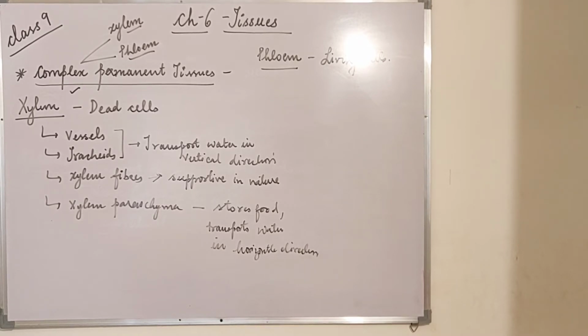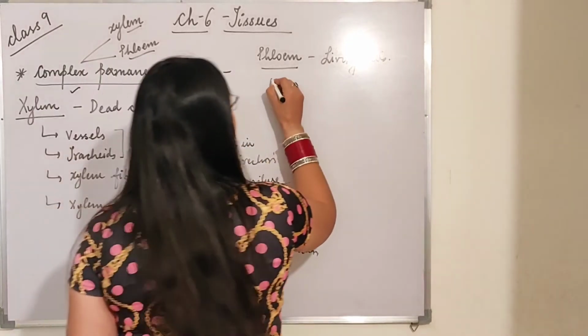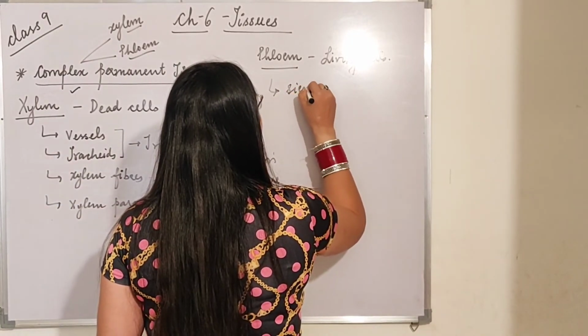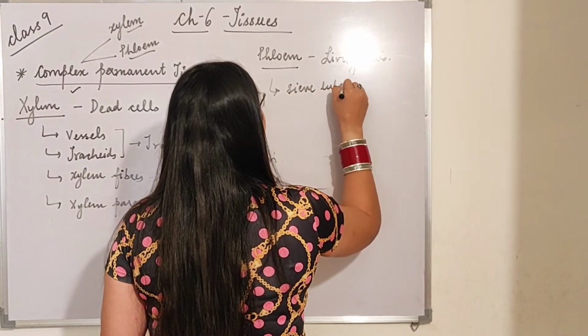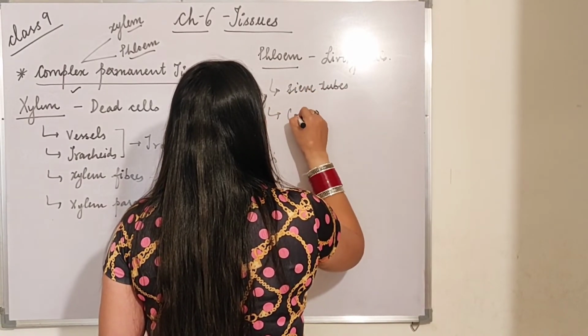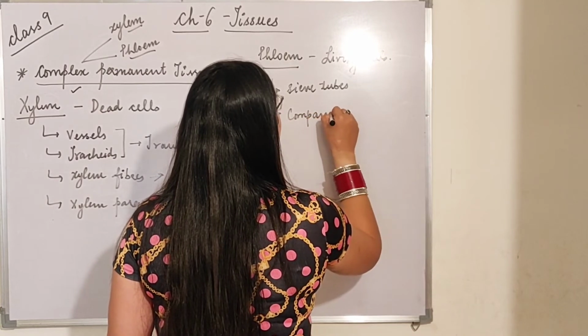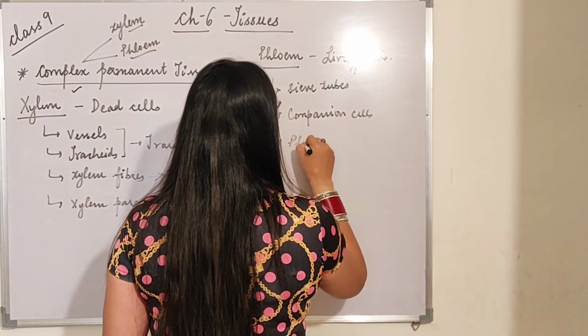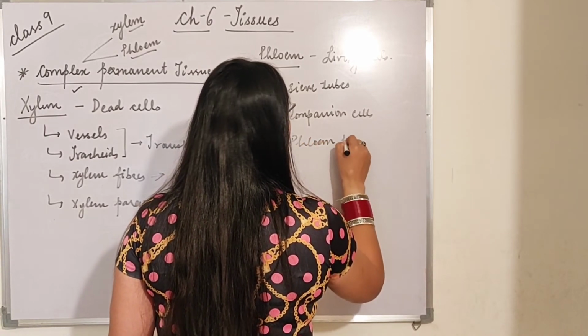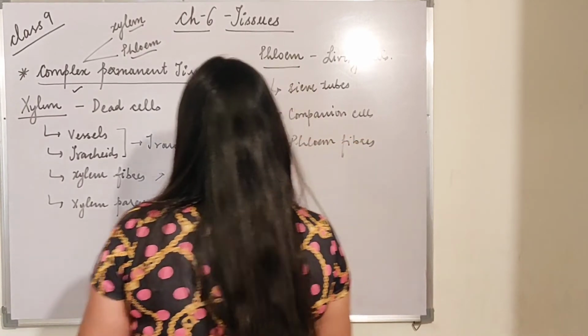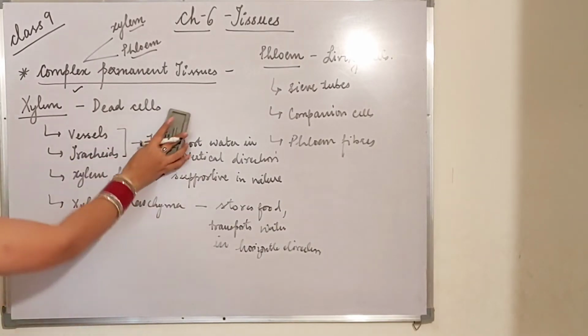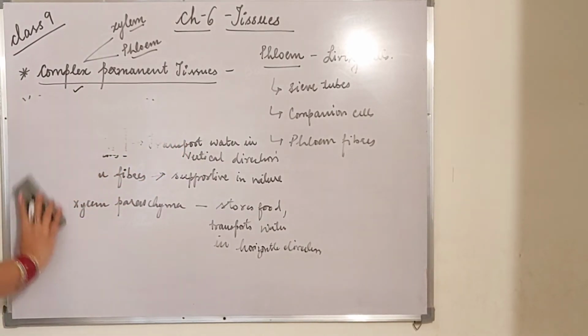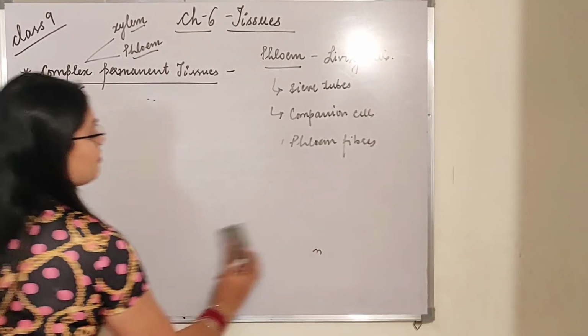Now it is also made up of four elements: sieve tubes, companion cells, phloem fibers, and then phloem parenchyma.